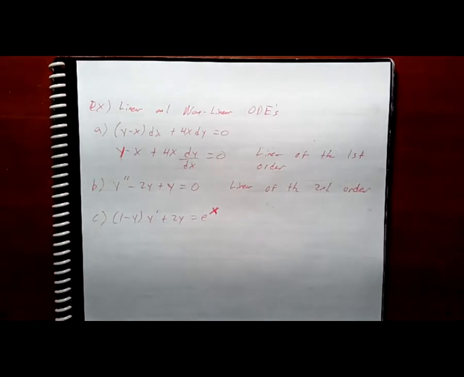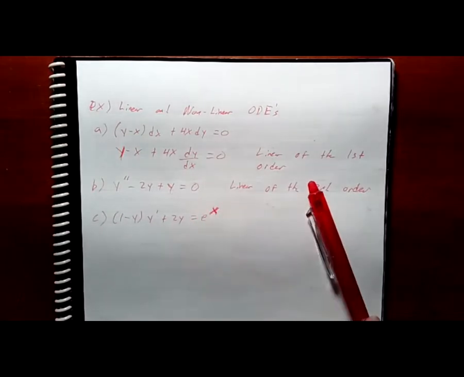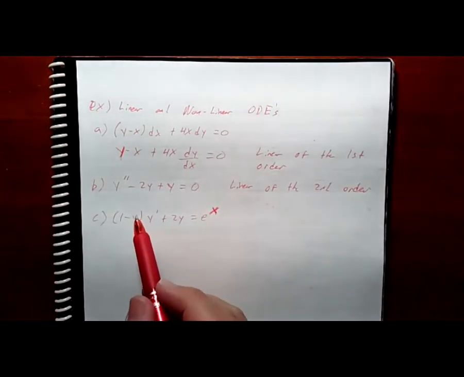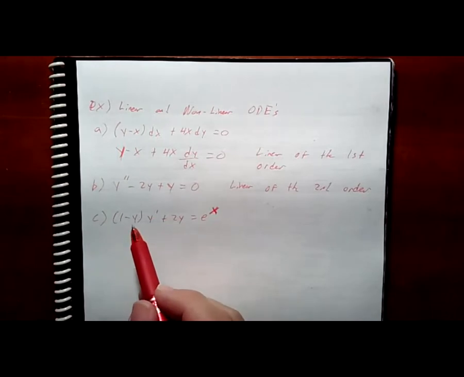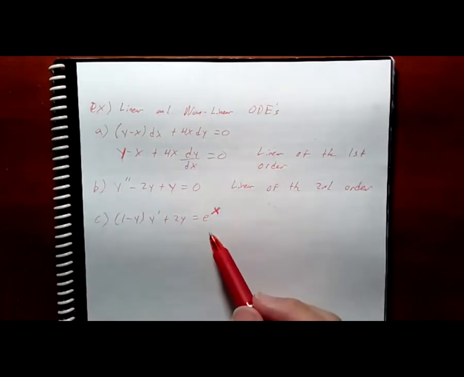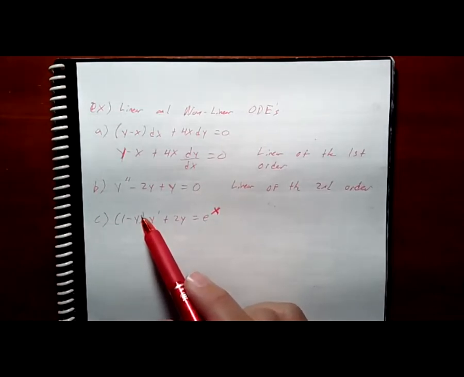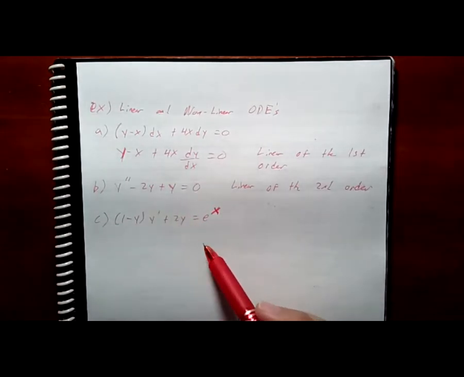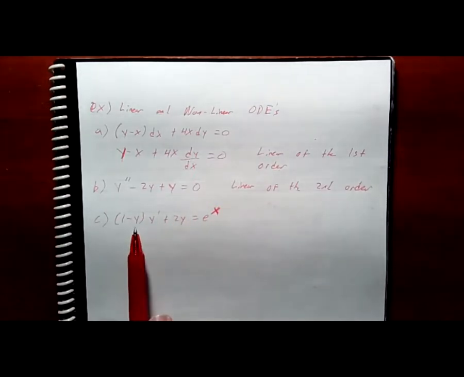Yeah, it's not going to be linear. Do you guys see why? The e to the power of x? No, that was actually fine. This part's okay. What messes it up is there's a y times the y prime here. So this coefficient is nonlinear. And if I try to divide the y out, I'm going to have a negative y power. So the y's need to be power of 1, and it cannot be inside any e's or sines or anything like that. So this right here makes it nonlinear.